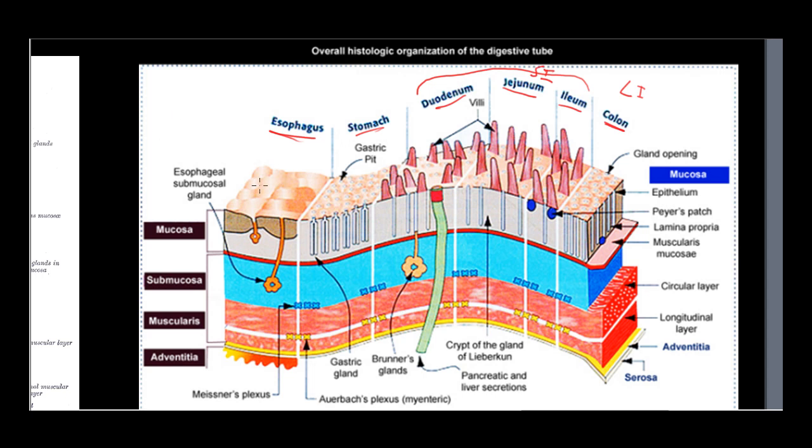We can see that these all differ. The major features, which I've already discussed, are the mucosal layer, the submucosa, and the muscularis externa, as well as the adventitia or the serosa. That's just the connective tissue that holds this together. This is basically the foundation holding this together.